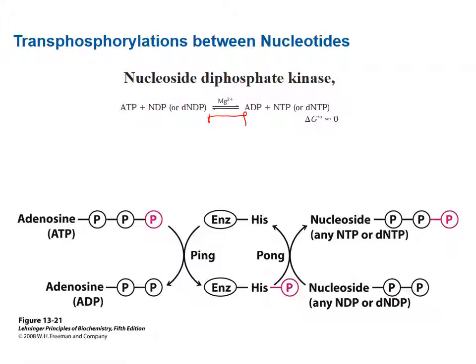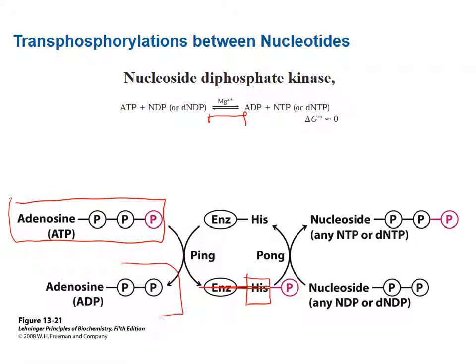So now let's look at the mechanism. It's quite fascinating. It's a catalytic reaction in which we have adenosine triphosphate releasing one of the phosphates to an enzyme that has a histidine residue.